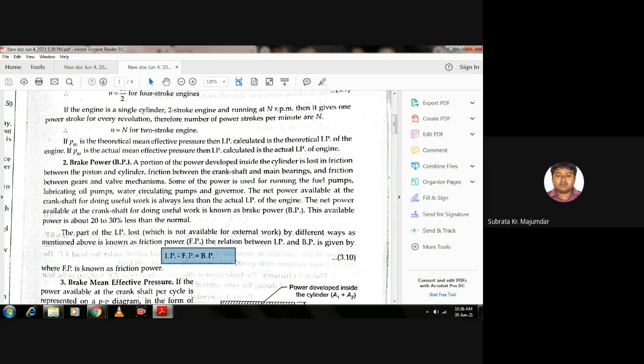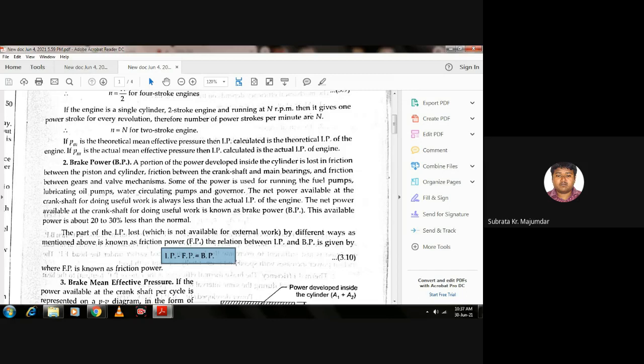These are losses too. The net power available at the crankshaft for doing useful work is always less than the actual indicated power of the engine. Mind it. Again, I can repeat this line: the net power available at the crankshaft for doing useful work is always less than the actual indicated power of the engine.